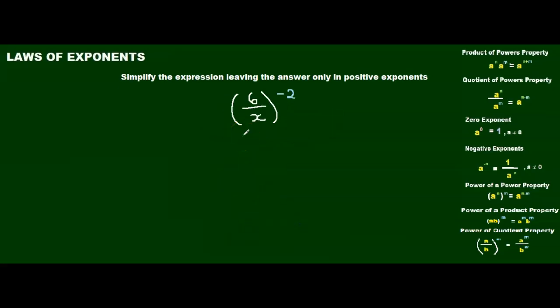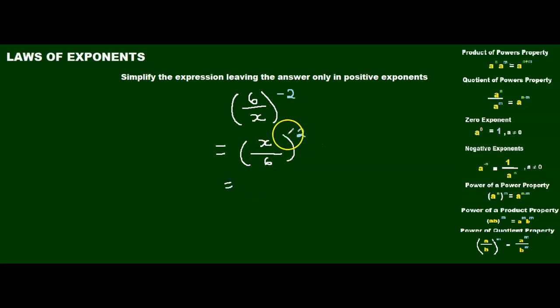Let's try one final question, this time with a quotient and a negative 2 as an external exponent. So now it's a negative 2. We want to get rid of that. So I am actually going to reciprocate my fraction to get rid of that negative on the outside. That leaves me with a positive.